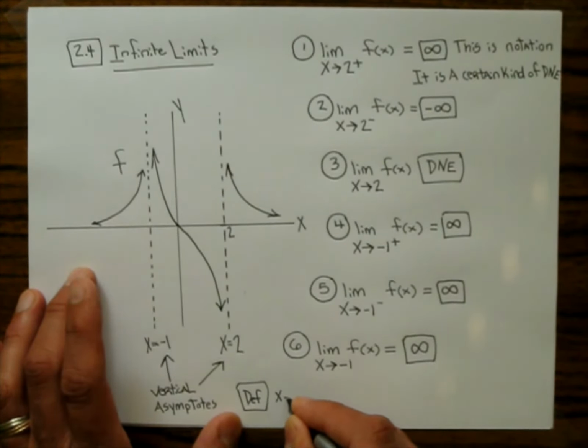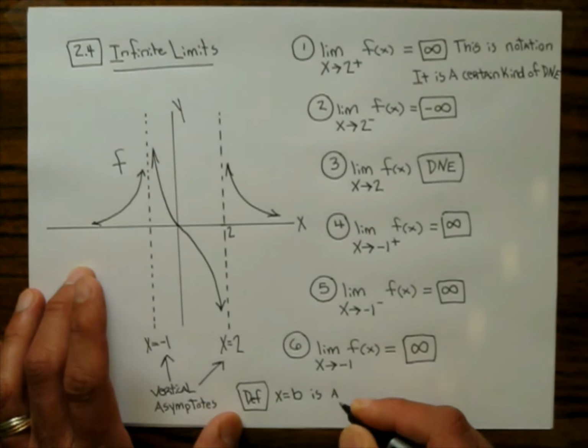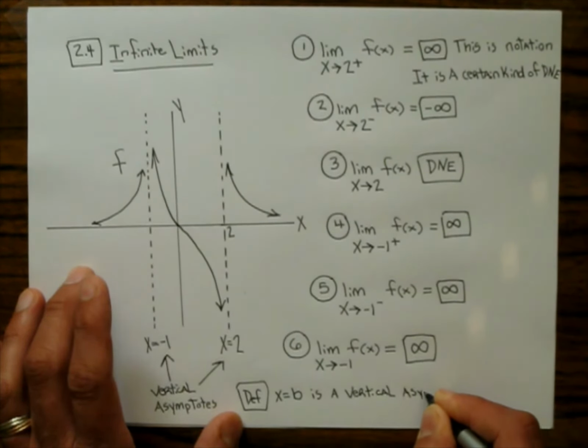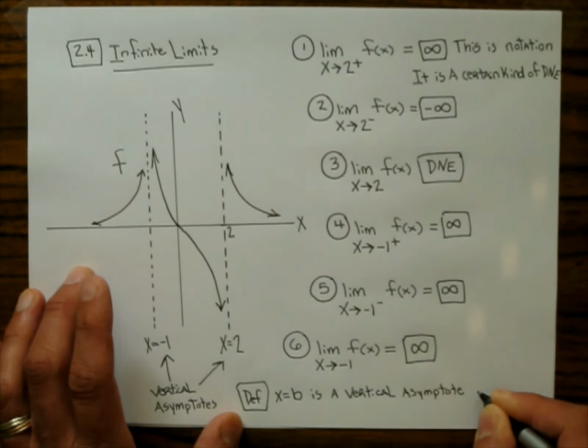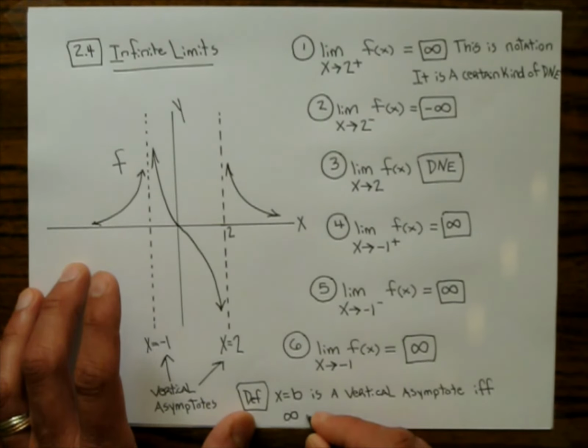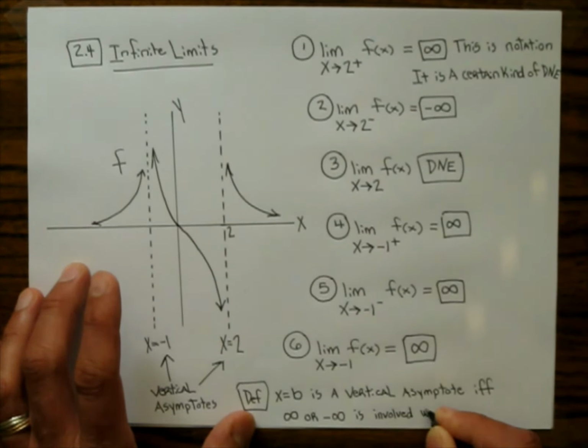So it says x equals b, and this is a little abstract, is a vertical asymptote if and only if infinity or negative infinity is involved with limits at b.